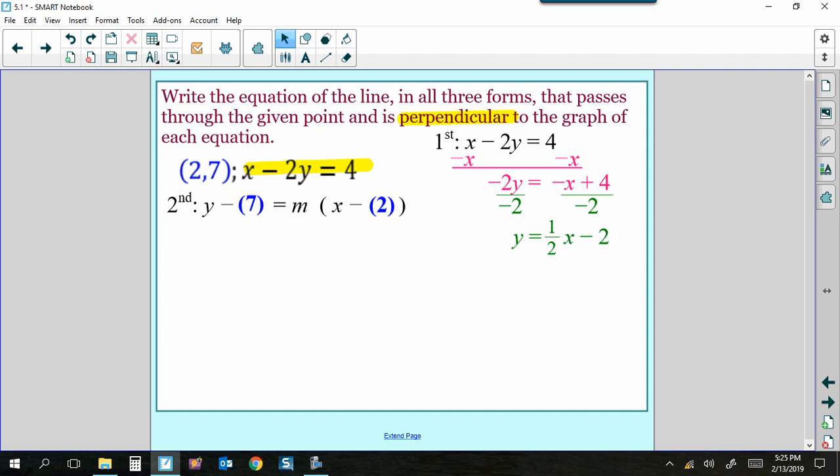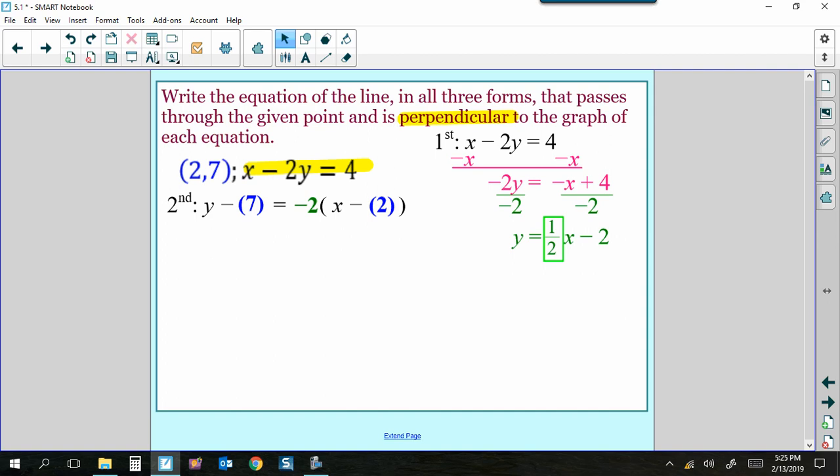Well, this time they are perpendicular, so you need to figure out the flipping opposite of +1/2. So you're going to flip it, that'd be 2 over 1, and then take the opposite, -2 over 1. Okay, so +1/2 would become a -2 over 1, or just -2.